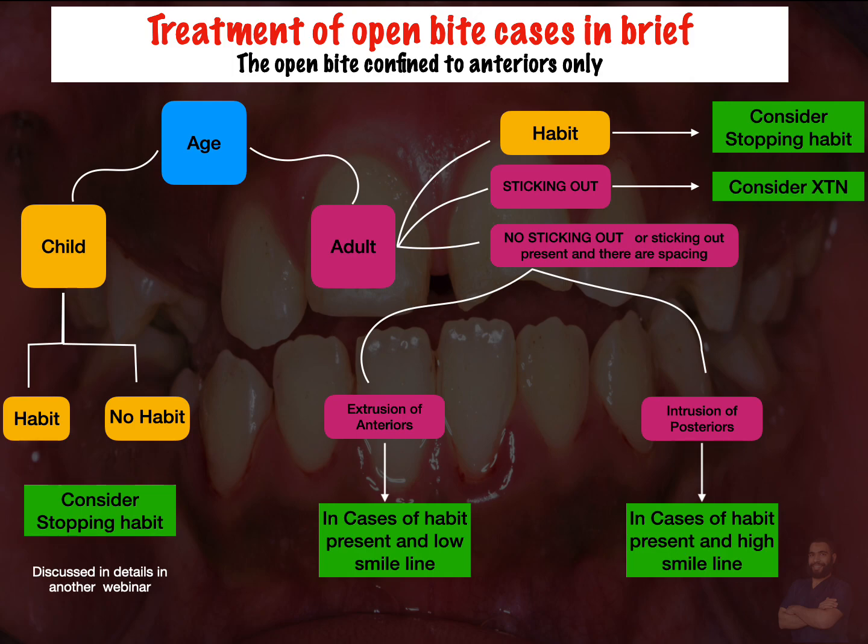If it is sticking out, you should consider extraction. If no sticking out, or sticking out is present and there is spacing, you should consider two treatment lines: extrusion of the anterior, and intrusion of the posterior. Extrusion of the anterior in cases of habit present and low smile line, and intrusion of the posterior in cases of habit present and high smile line.